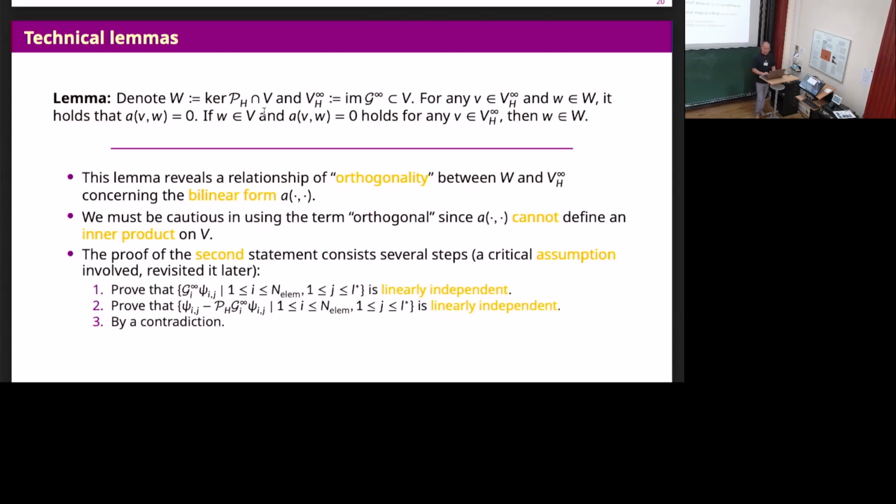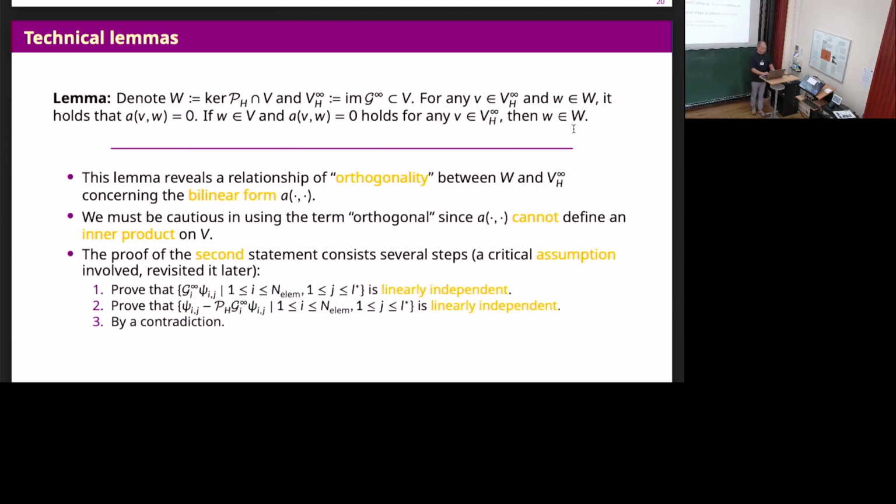Here I basically say that if we define this space W to be the kernel of this map PH that we defined earlier, and this V infinity is a space that contains all the global basis functions, then these two spaces satisfy this condition. If V is in V infinity and W is in W, then they satisfy this condition. And on the other hand, if for any W such that this is true for any V in V infinity, then this W will be in the space W.